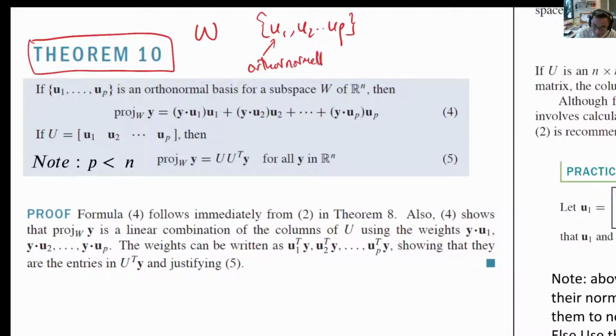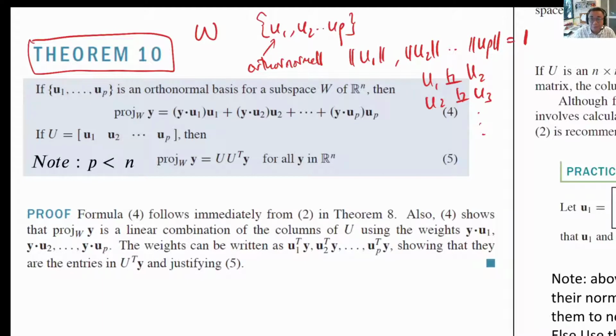Basically, it means that the norm of u1, the norm of u2 up to up is all 1. And of course, u1 is still orthogonal to u2, u2 is still orthogonal to u3, and all combinations of them are orthogonal with each other. In this case, we have an orthonormal basis.